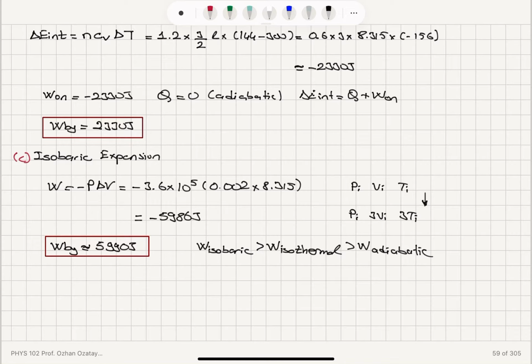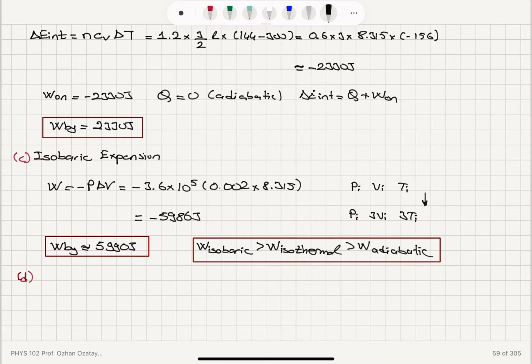Because the adiabatic one is the steepest decrease, it will have less area under it. Isobaric is the maximum area you can have, so that's the highest possible work.